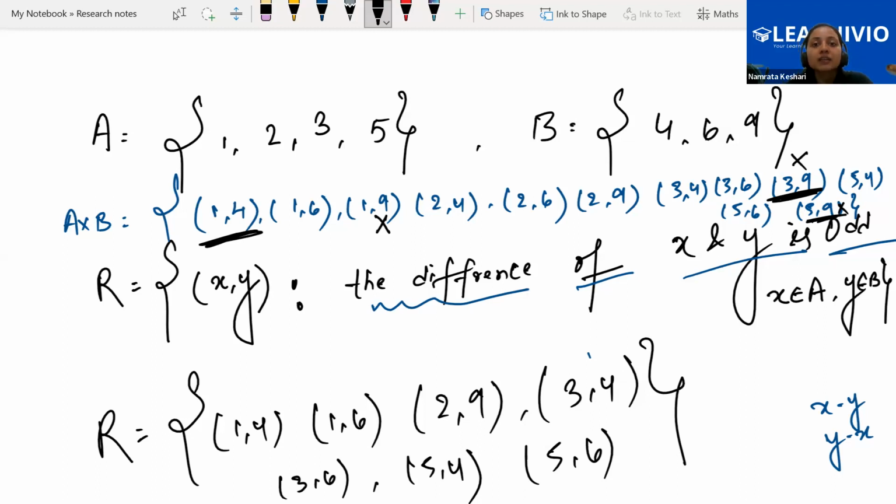Accordingly, we will be taking the ordered pairs. Here we are listing down the Cartesian product also. We don't have to write the Cartesian product, but here we are writing it so that it will be more clear to us that relation is a subset of the Cartesian product.